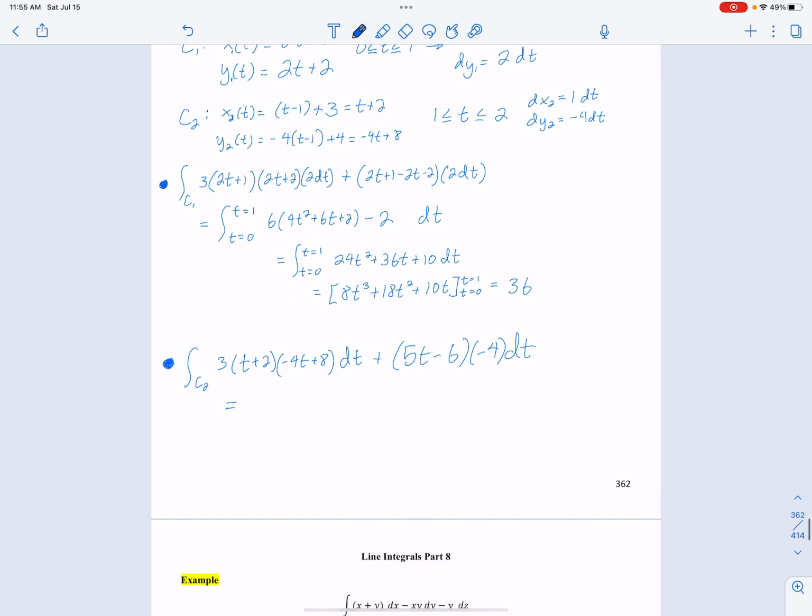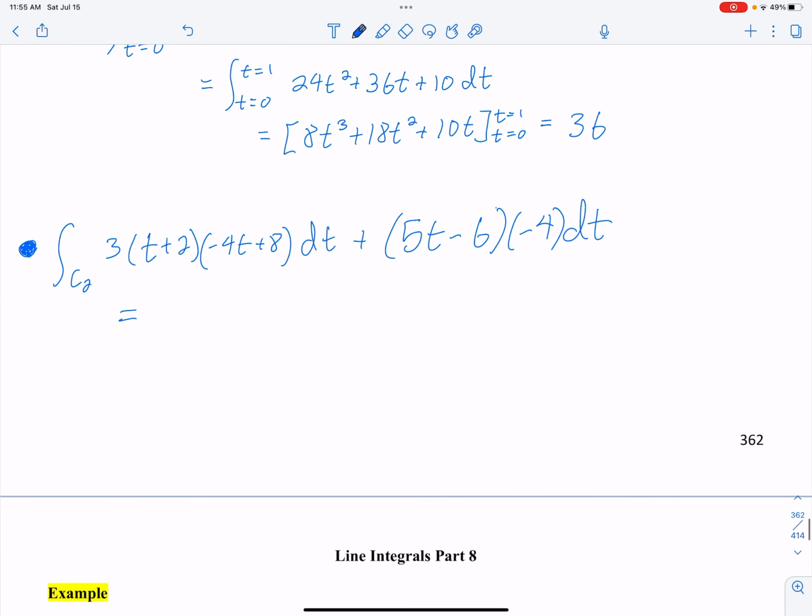All right, we can go to one integral here. Zoom back in because I don't need that top. So t goes, be careful here, from 1 to 2. I'm going to start multiplying all this out. I have negative 4t squared. I have a negative 8 and a positive 8, which is going to go away, and then 2 times 8 is 16.